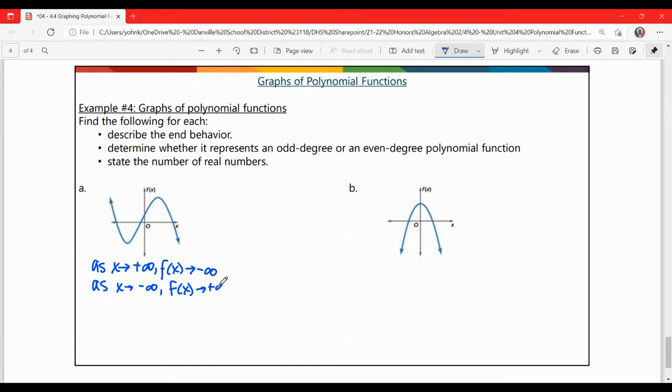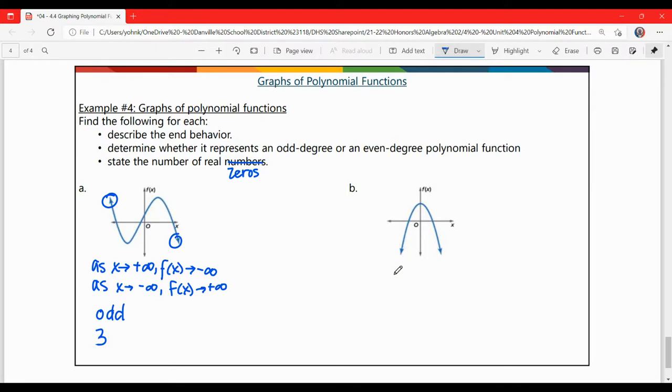So positive infinity. This is an odd degree polynomial because the end behaviors are in opposite directions. And this has 1, 2, 3 zeros. Oh, I guess this should say state the number of real zeros. So there are 3.